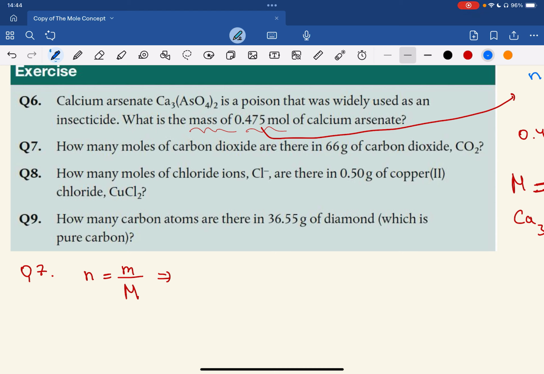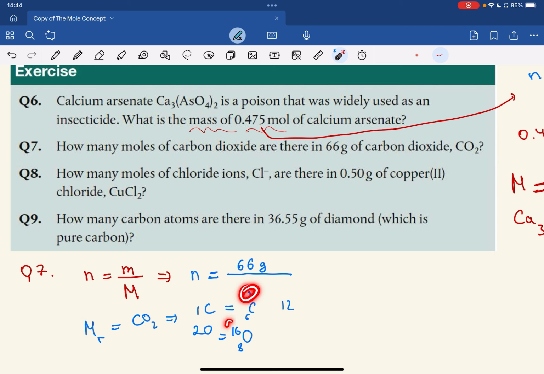It says how many moles. So we don't know the n value. And there are 66 grams of carbon dioxide. This is the small m, the mass given. And how do we find the molar mass of carbon dioxide? In carbon dioxide, we have 1 carbon and 2 oxygen. 1 carbon mass is 12, and oxygen in the periodic table is 16.